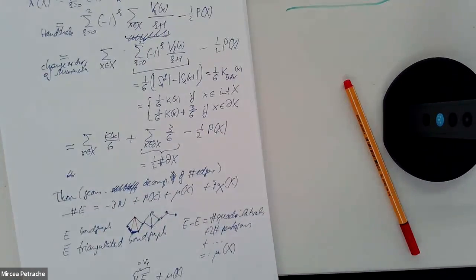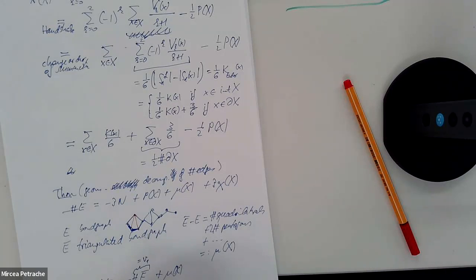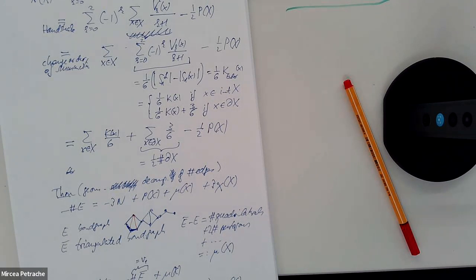So this is again the handshake. So we get minus a half sum over x of v1 of x plus the perimeter p of x plus the defect measure mu of x. Okay, and so now push it up.